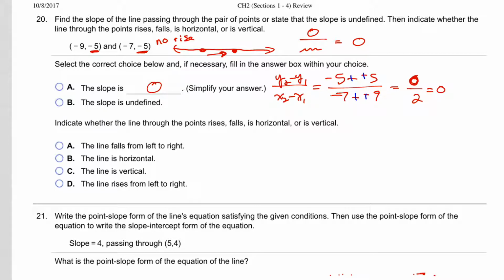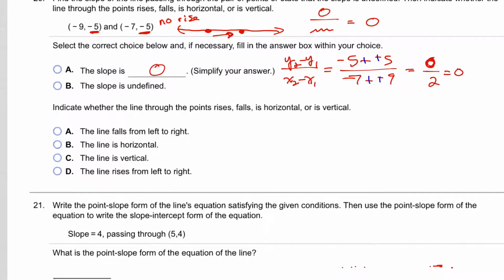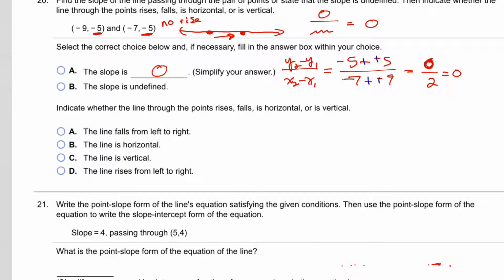So this is not necessarily showing your work, because that can be spotted pretty quickly there with the repeating y's. So this is definitely horizontal.